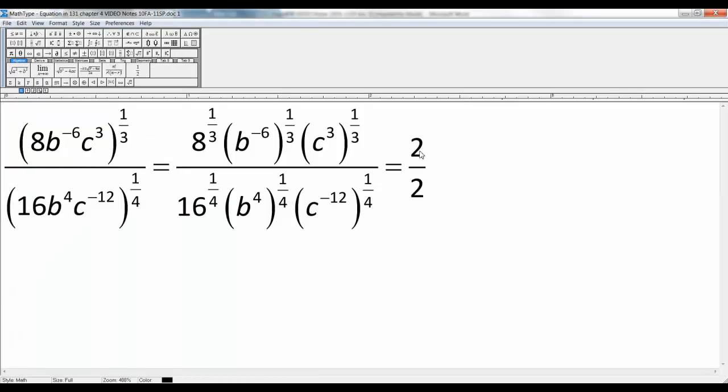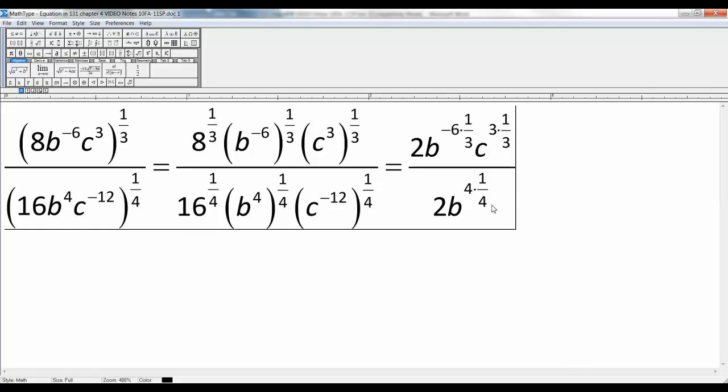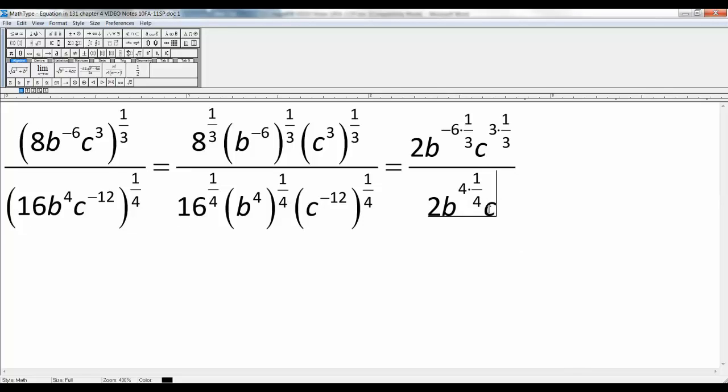All right, then it's b to the negative 6 times 1/3. C to the 3 times 1/3. Then down here it's 2b to the 4 times 1/4. Oops. There, that's better. And then that's what comes when you're typing and not looking.